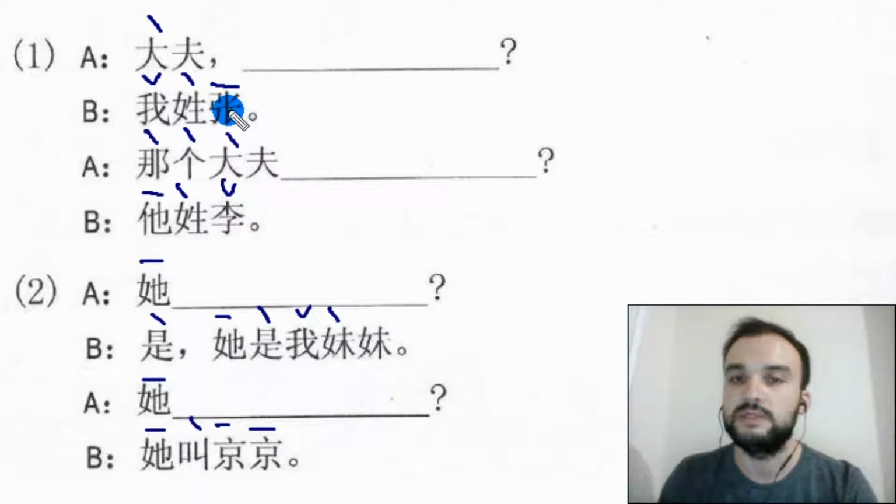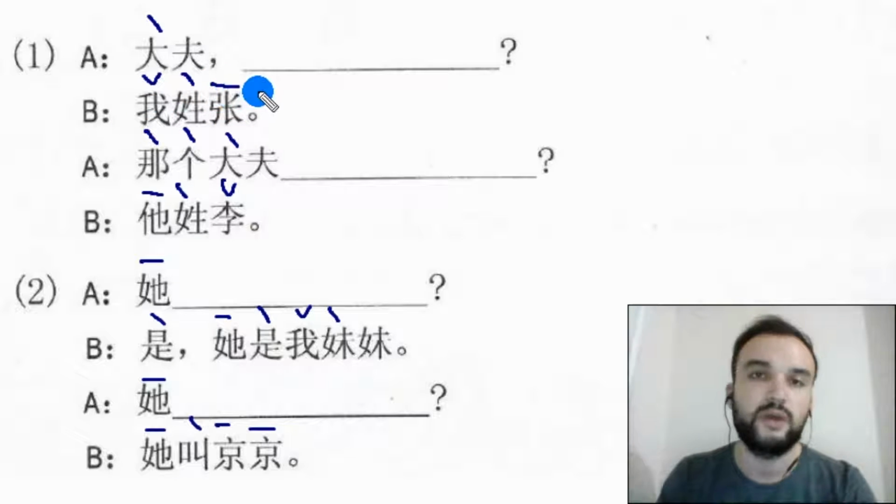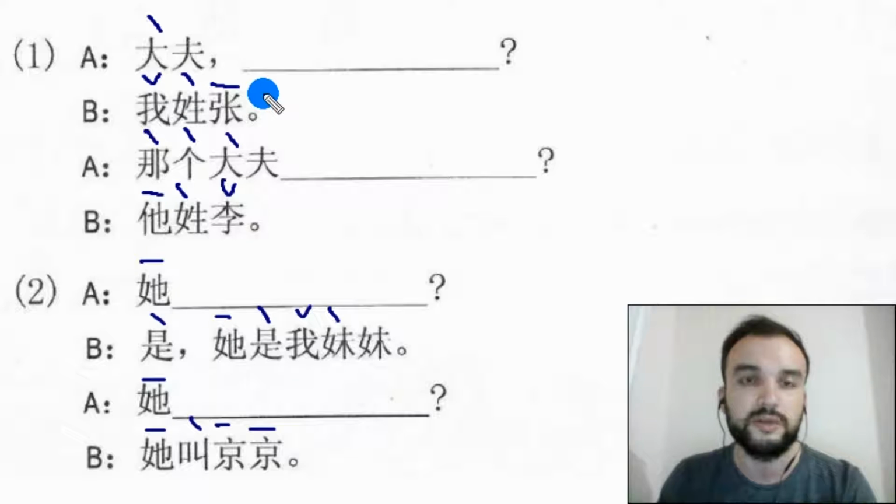My surname is Zhang. So, if his answer is like this, we should ask, what's your surname? What's your surname? My surname is Zhang. So how can we ask, what's your surname? Try to find it, and I am writing here.